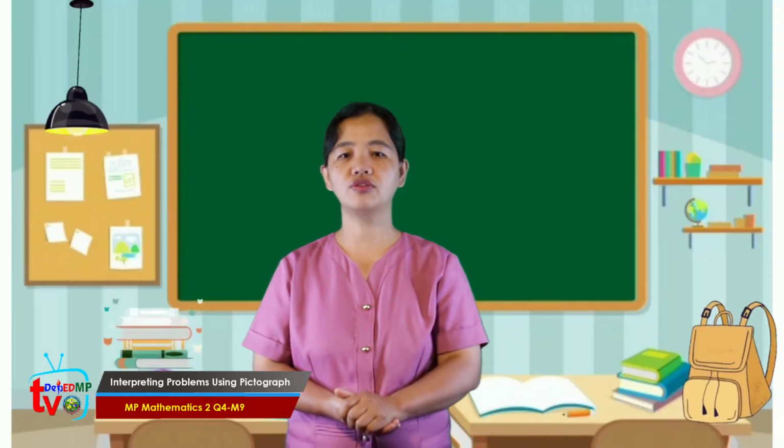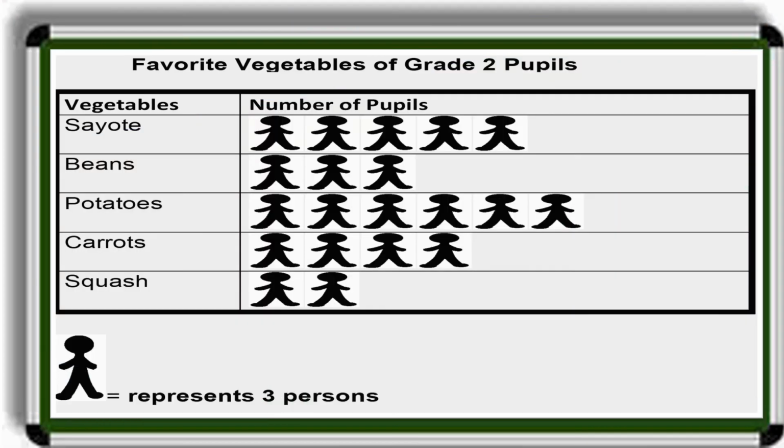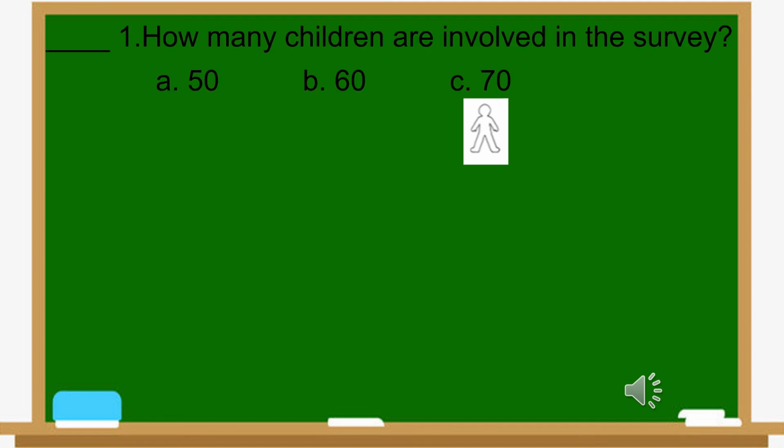Yay! You're about to finish the lesson. Look at the pictograph that shows result of a survey to find out the favorite vegetables of grade 2 pupils. Then choose the letter of the correct answer and write it on the blank. The questions are: number 1, how many children are involved in the survey?